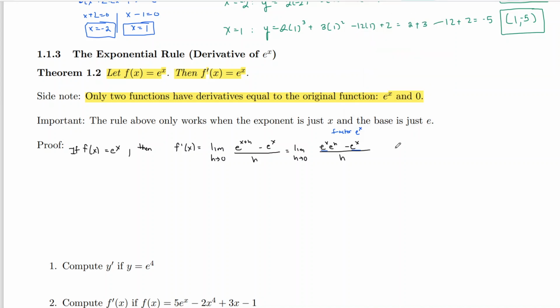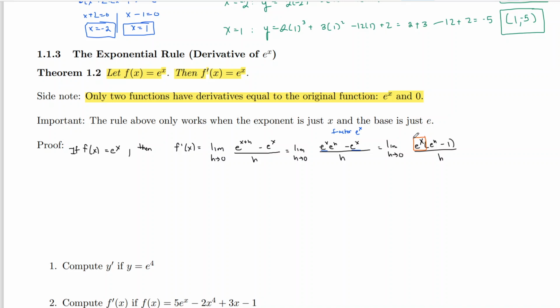All right, so what it looks like, we have the limit as h goes to 0. We have e to the x, and when we factor that out, for the first term, we have e to the h minus the second term, 1, over h. Now, one thing that's really important to observe is that the limit is as h goes to 0. So when we are looking at e to the x, even though we have a variable in it, it's not matching the variable h.